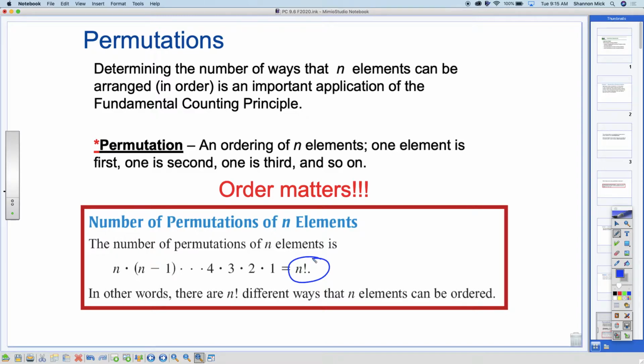Got it? What else are you writing? Write on the bottom at the same time, in the box. Yeah. It just says if order matters. I mean, that's all it's saying. It's saying order matters, like 6 different ways.